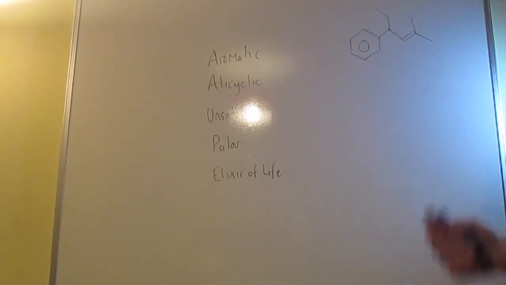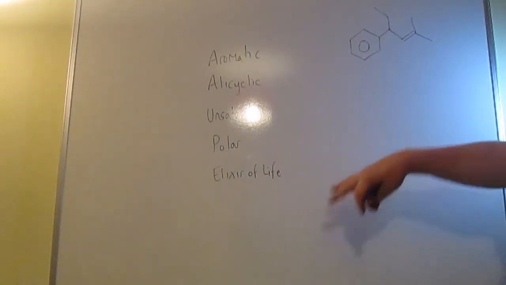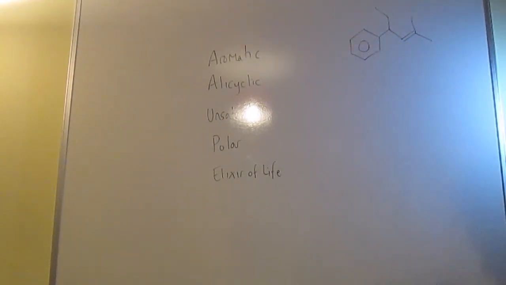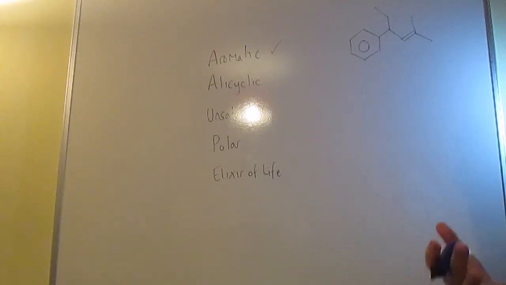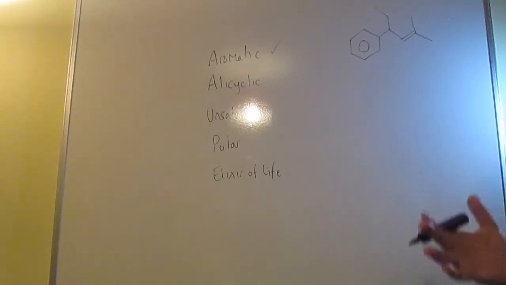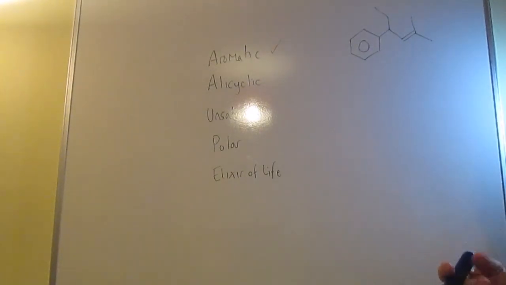Your final question then is, which of these words are appropriate to describe that molecule? That was compound X. So aromatic, any compound that contains a benzene ring is aromatic, so that one is clearly fine. Now alicyclic means a compound that contains a ring which is not a benzene ring.